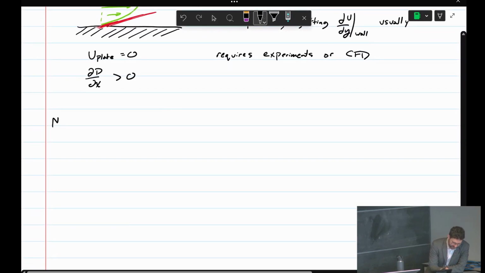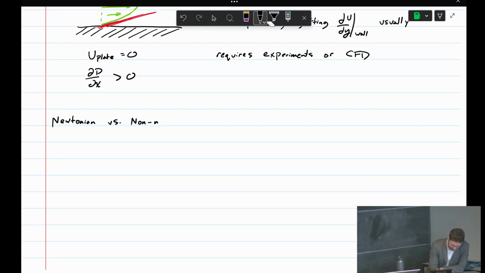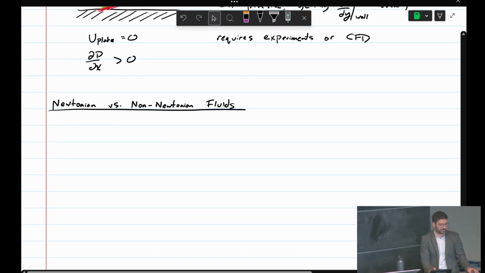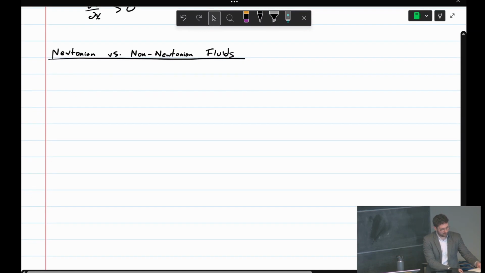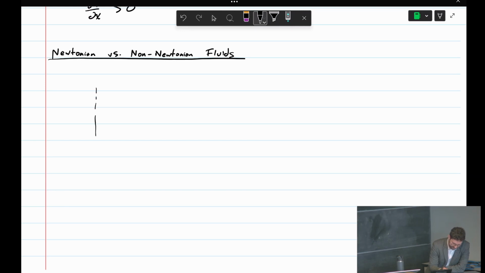So let's talk about Newtonian versus non-Newtonian fluids. Let's look at two example fluids here.